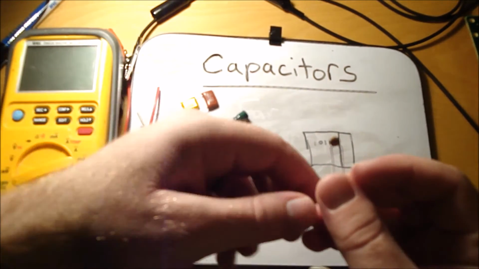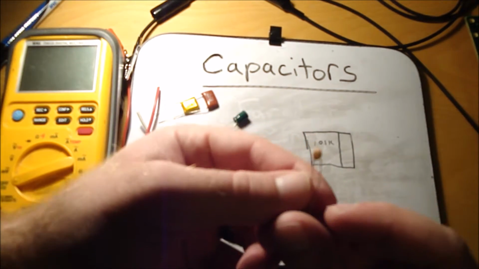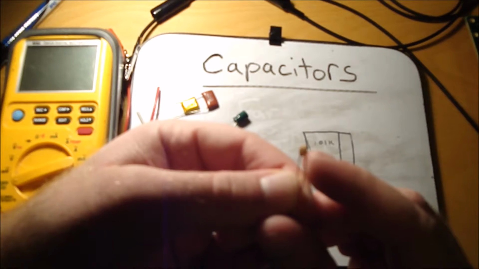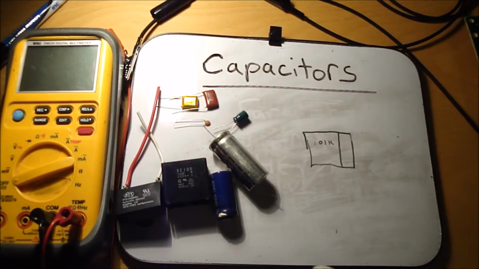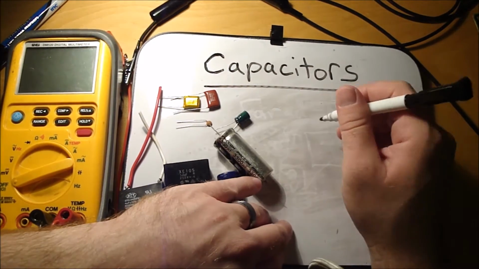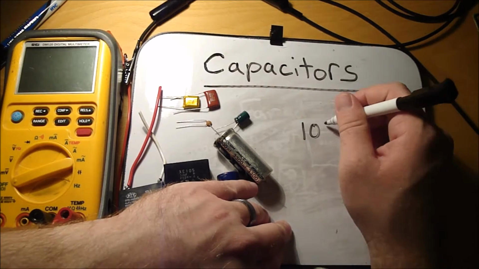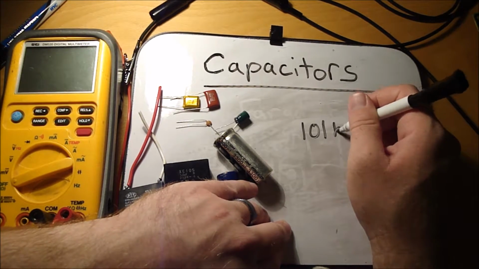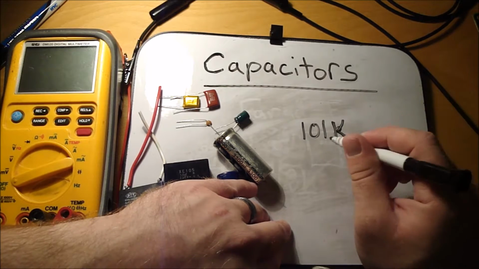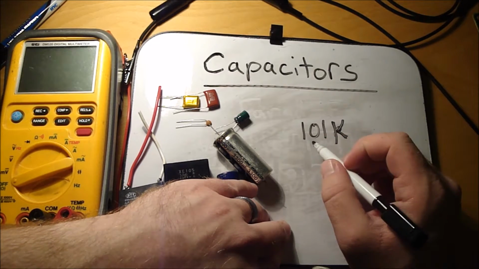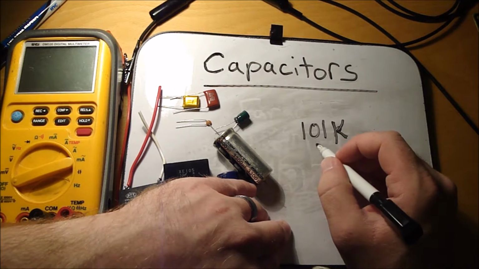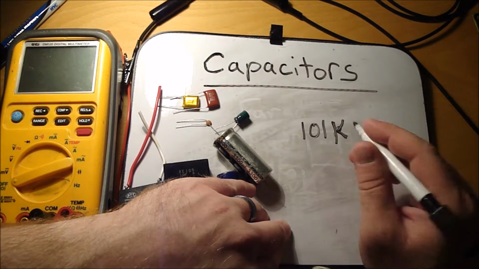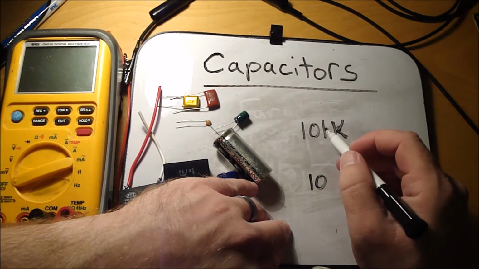This ceramic capacitor right here just has a 101K, and the ceramic capacitors are rated in picofarad. So the 101K would calculate out to, it's in picofarad, so the first number would be exactly what it is, the second number would be exactly what it is, so it would be 1, 0, and this would be the multiplier.